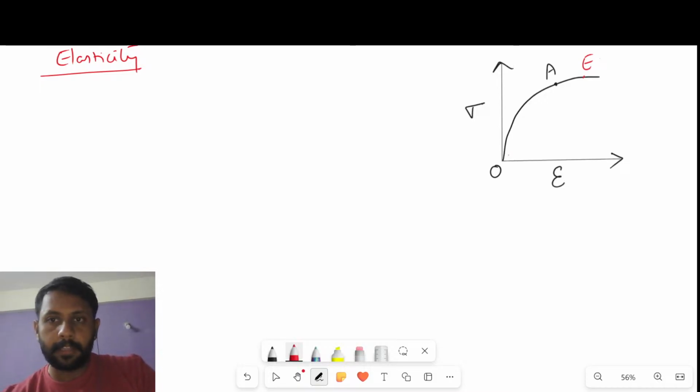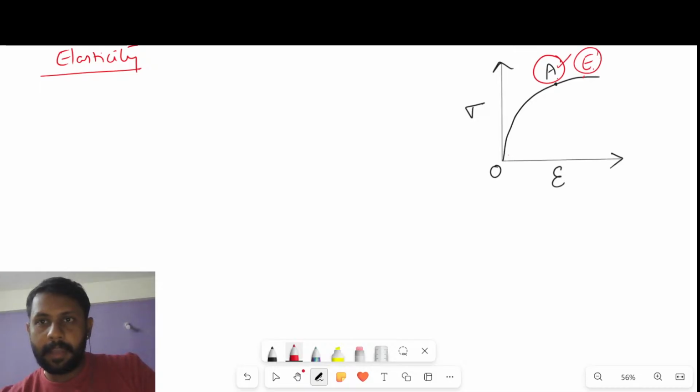When I have applied the load before the elastic limit, up to A, A is before E. If you start unloading, that means if you start removing the load, the graph will again come back to the same shape. It will trace back.